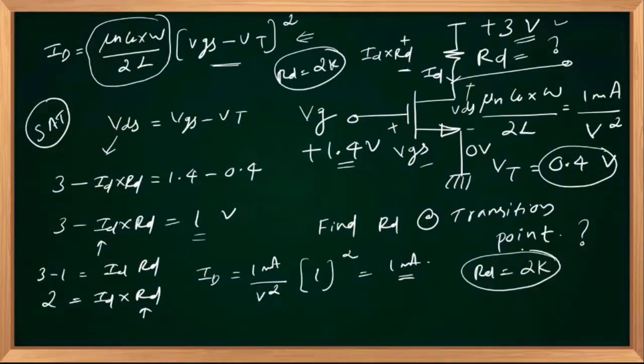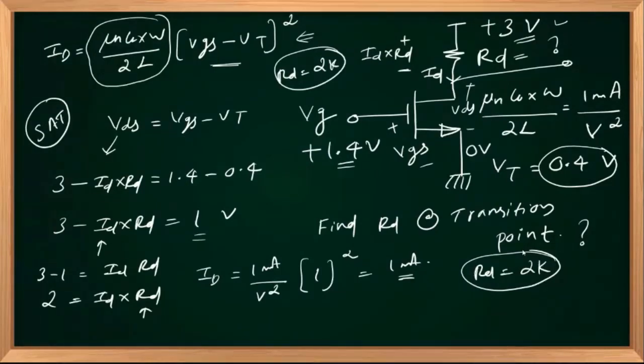So the observation is, if you are varying your drain resistance, you can control the mode of operation. Remember, the drain current is proportional to VGS minus VT squared, and that is independent of RD in this circuit. So ID is fixed.